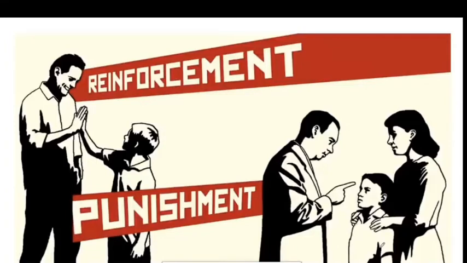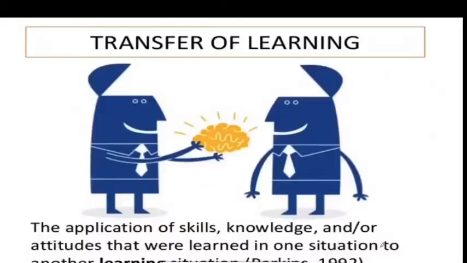In this case, reinforcement, punishment, feedback, computer-aided instruction, that's for B.F. Skinner's operant conditioning. Now, ano naman yung transfer of learning? Ang transfer of learning, it says here, the application of skills, knowledge, and or attitudes that were learned in one situation to another learning situation.